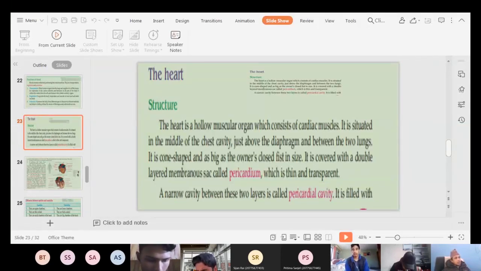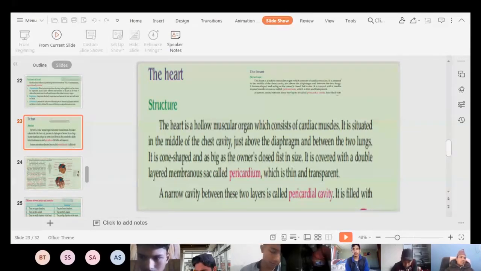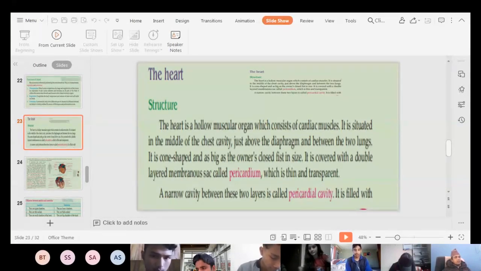The upper chamber which lies towards the right side is the right auricle, and the one on the left side is the left auricle. The lower chamber towards the right side is the right ventricle, and the one towards the left side is called the left ventricle. Right auricle, right ventricle, left auricle, left ventricle.